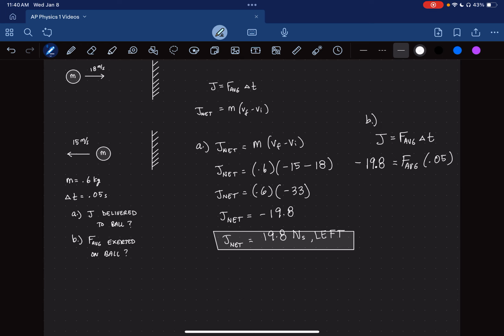We'll just divide these. We get negative 396 is equal to the average force, which of course means that the average force delivered is 396 newtons to the left.